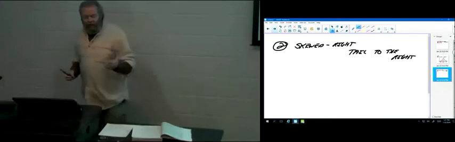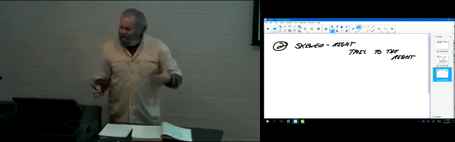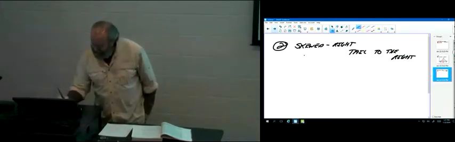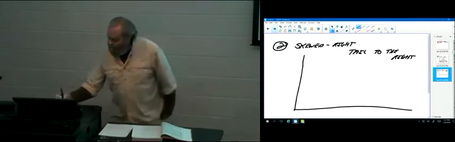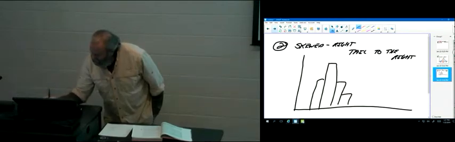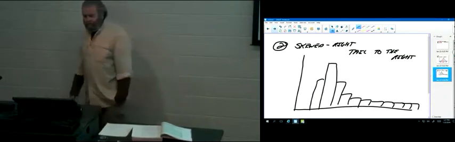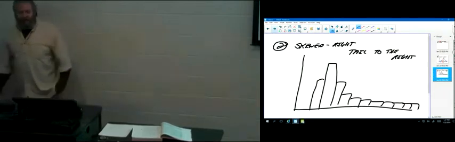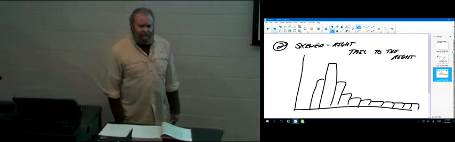So what does it mean when I'm looking at a histogram and I say the shape there is skewed to the right? What it means is it would look something like this. And I'm going to exaggerate it so it looks like what I'm talking about here. There's your tail. All right? So that's something that would be skewed to the right. Tail's going to the right.